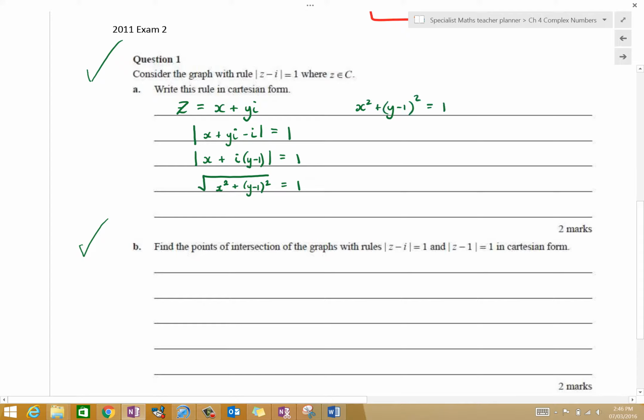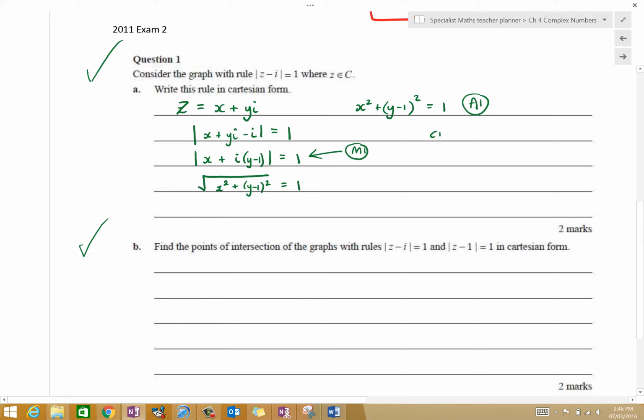Write this rule in Cartesian form. I guess this would be considered 1 mark, and having the right Cartesian form be 1 mark. So what do we have? This rule refers to a circle.